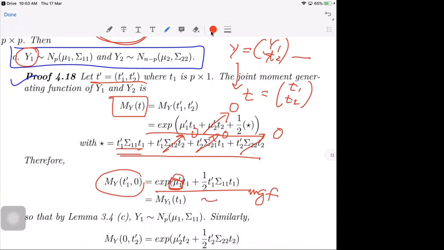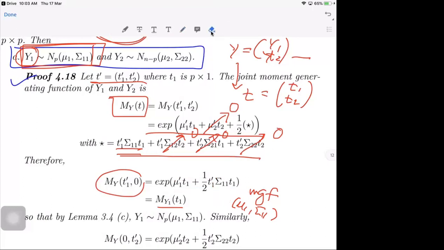So this is normal with mean mu1 and covariance matrix sigma 1,1. So we have shown this. The mean is mu1, and the covariance matrix is sigma 1,1.